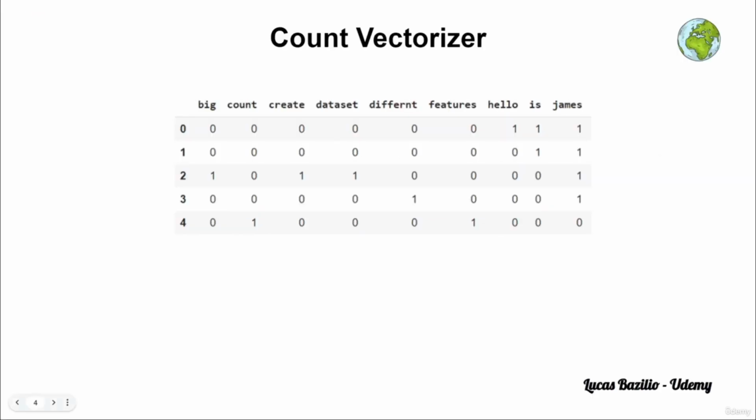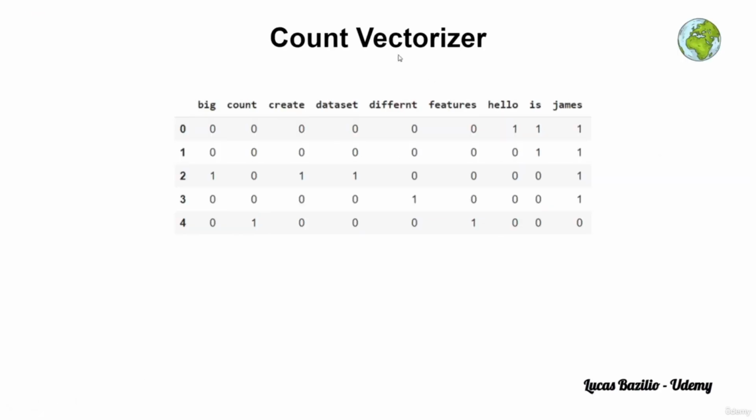So essentially what we are doing with the count vectorizer and also using the binary representation is, for each document, imagine this is the document 0, document 1, document 2, document 3, and document 4. We have here a set of words that belong to our vocabulary. We have a matrix representation where for each document and for each word, we happen to know if this word belongs to this document or not.